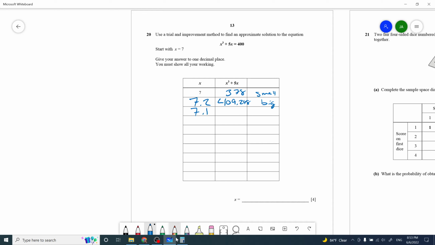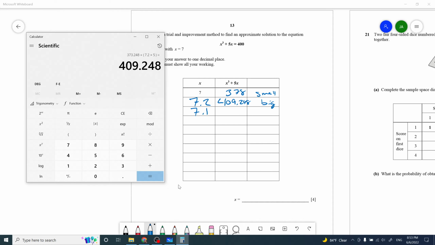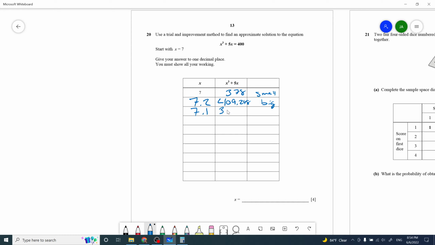All right, so going back, we'll take 7.1 and we're going to cheat a little bit, cubed, plus brackets 7.1 times 5 and brackets, which will give us 393.411. Okay, so now we're small again.